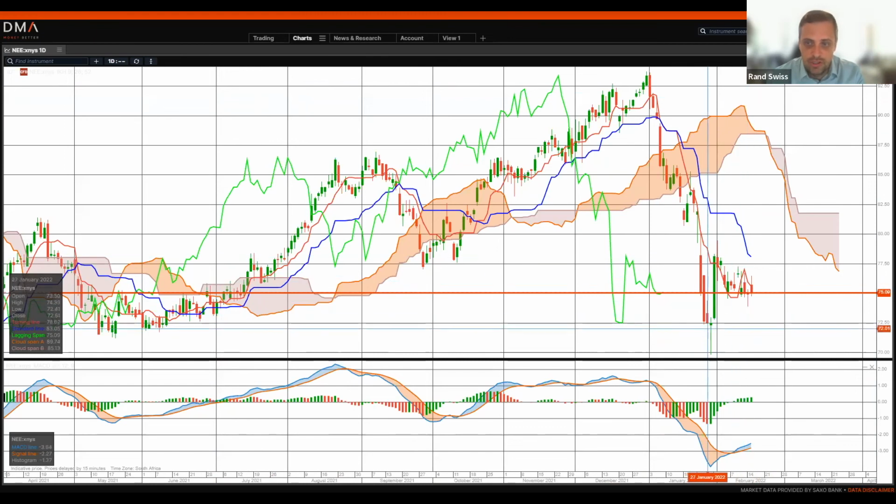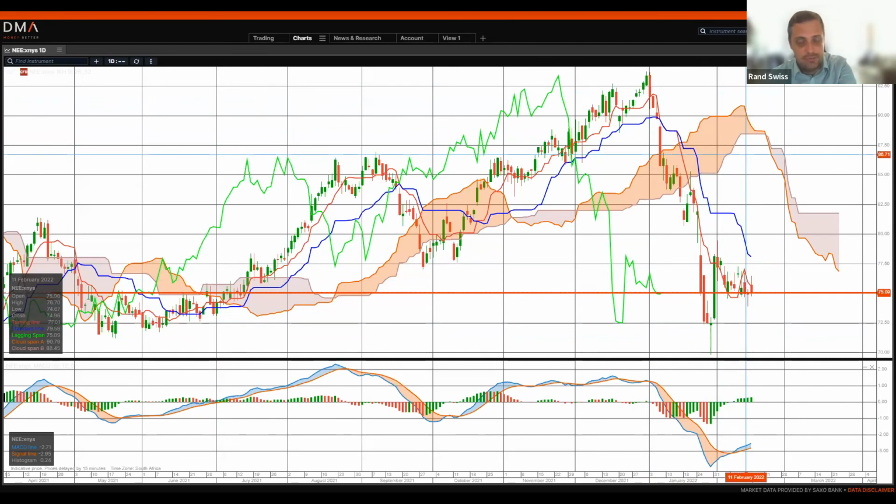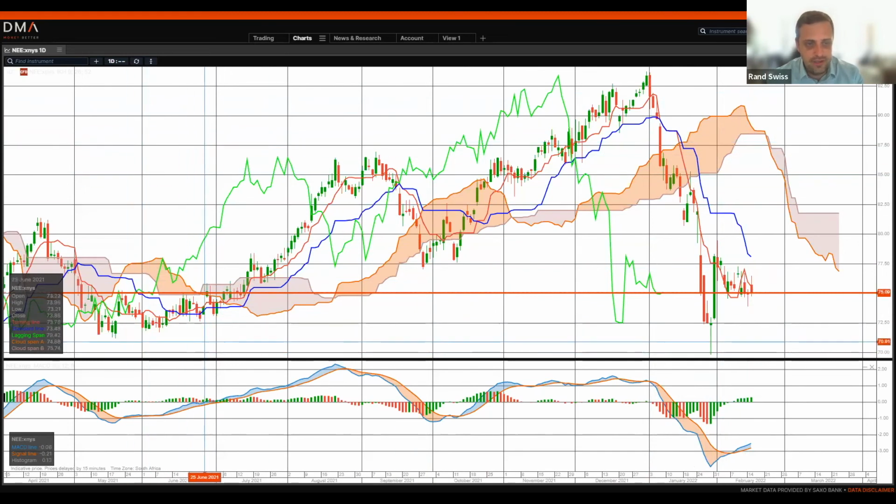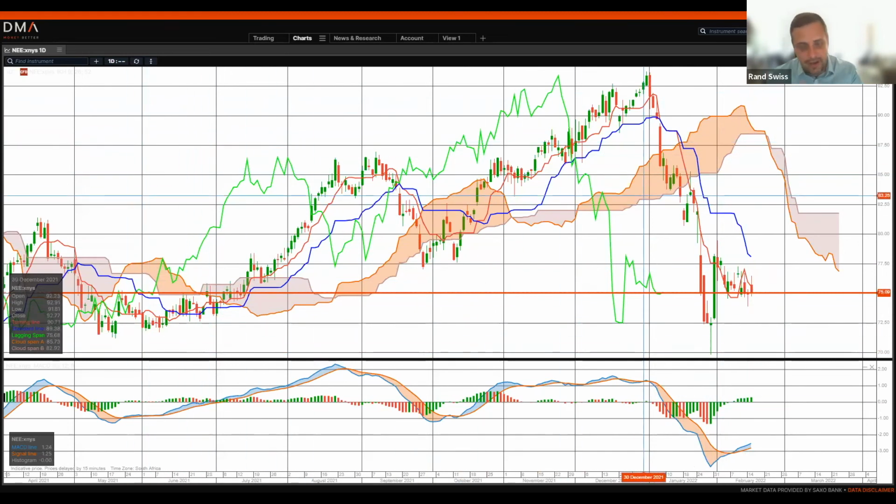It got to support. There is a nice little signal saying change in trend. This was clearly a false break below. Now the support is holding. I'm going to ignore this Ichimoku indicator. This looks like it could be a good time to open a long position. You have to have your own judgment on these kinds of things.